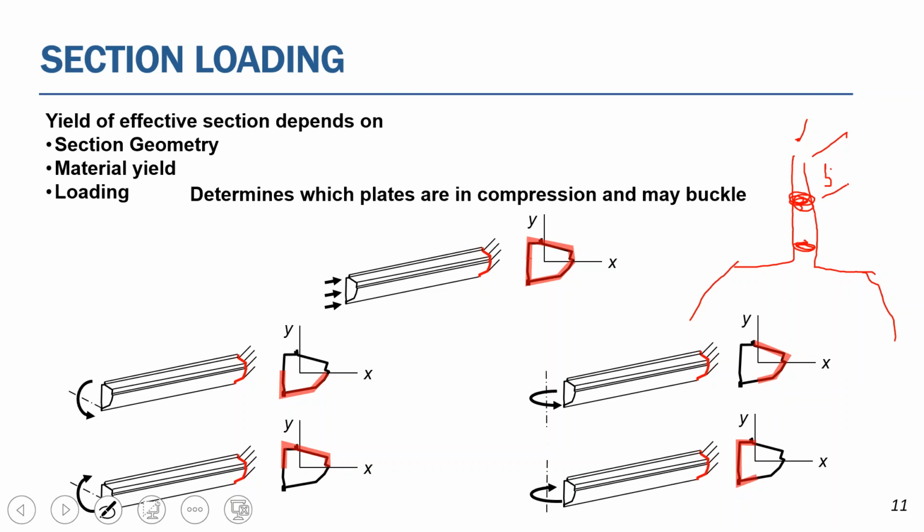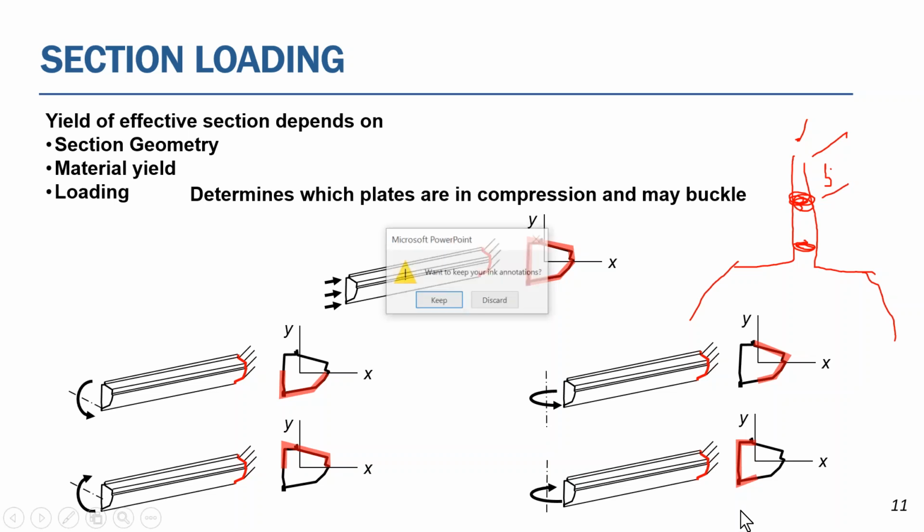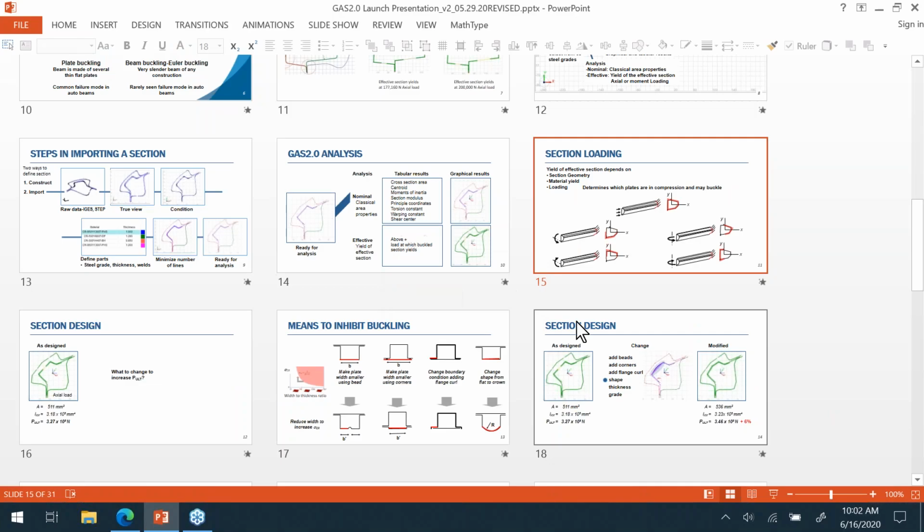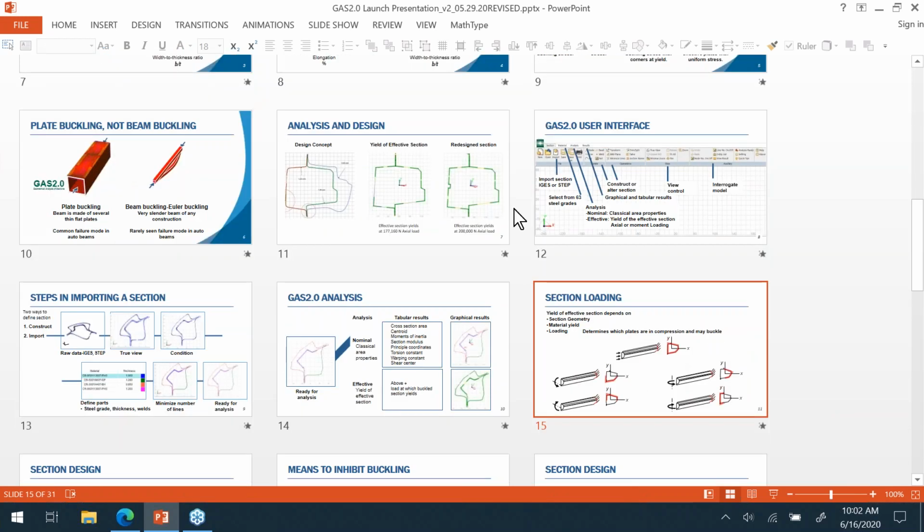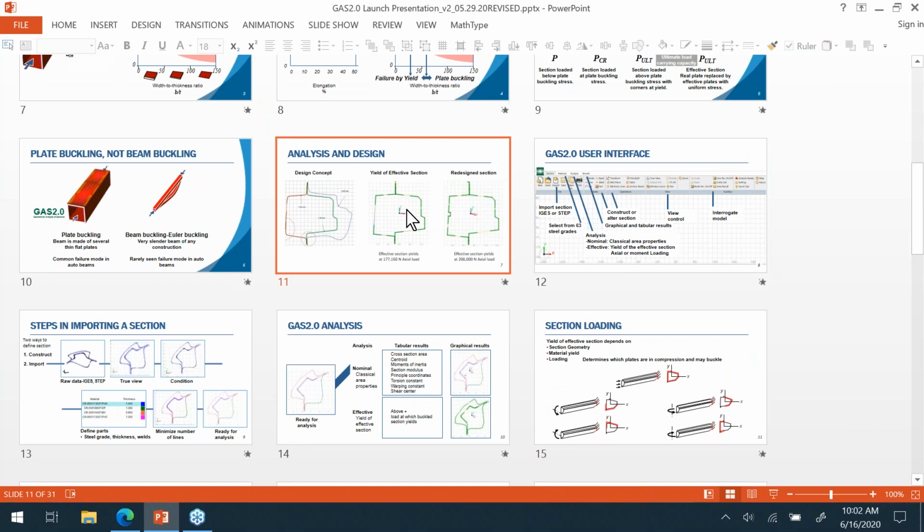Okay, thanks. I have another question. The light yellow areas, when you showed the effective section, are these buckled or are they yielded? Let's use this one to answer that.